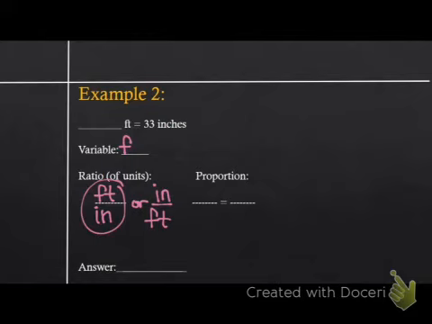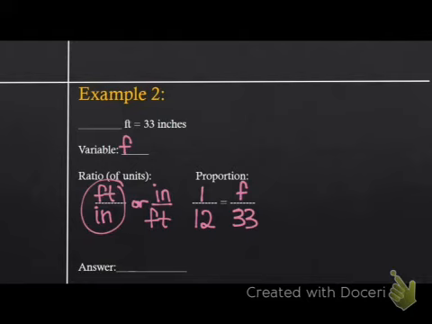How many inches do we have in a foot? 12. So in 1 foot, because I have feet in my numerator, I have 12 inches. I have to keep my feet in my numerators. We're trying to find our feet, so there's my variable. In those feet we have 33 inches.